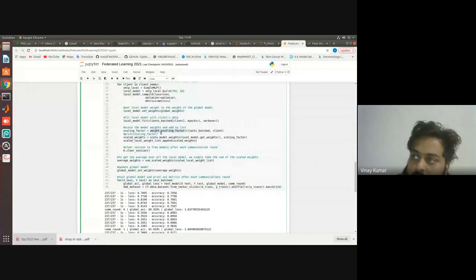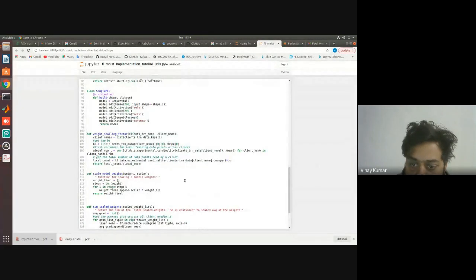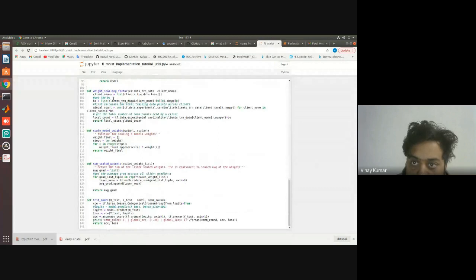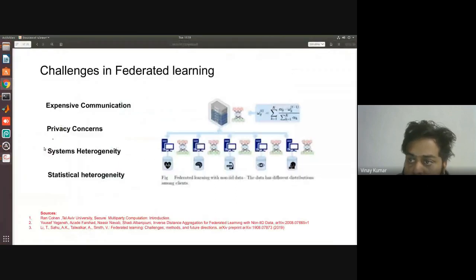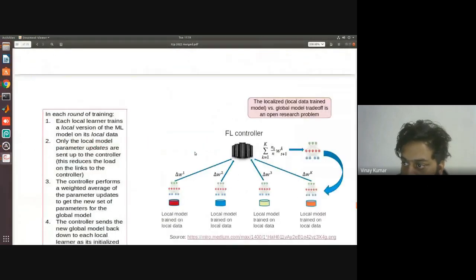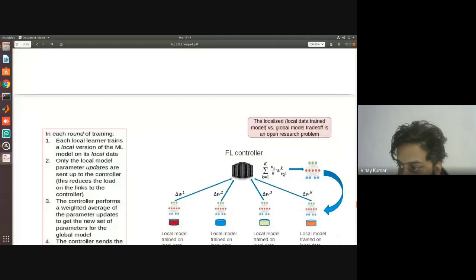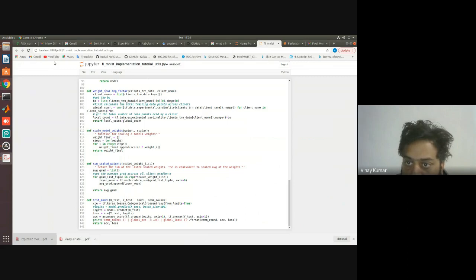This is nothing but this calculation, nk divided by n. That is the part we have calculated here. Simple thing. We have added them and we are dividing them by the global count.